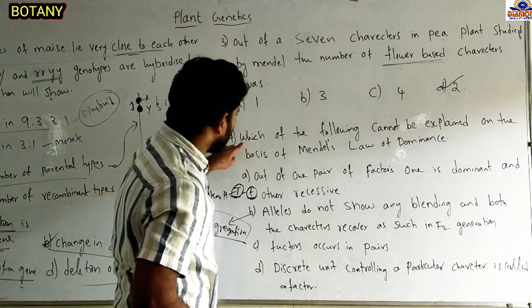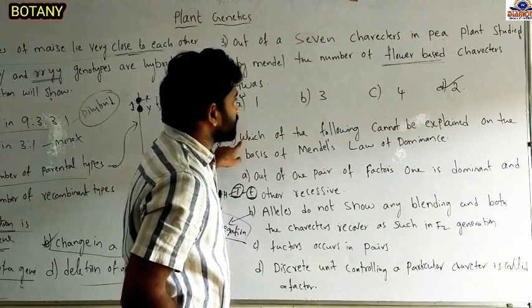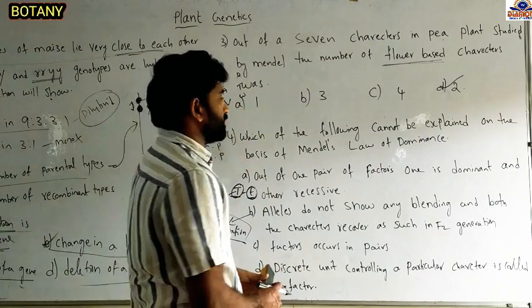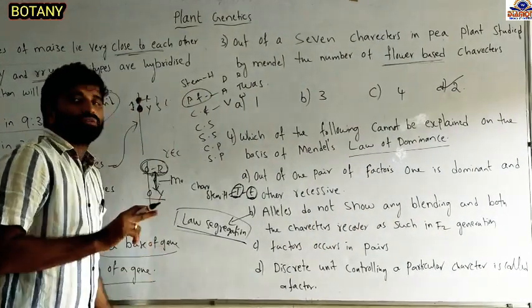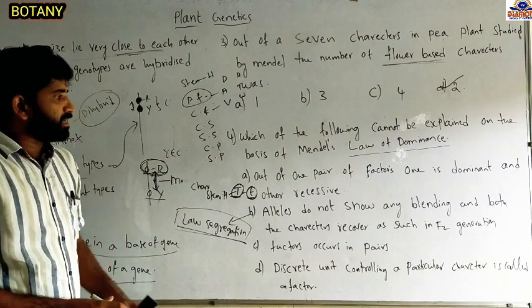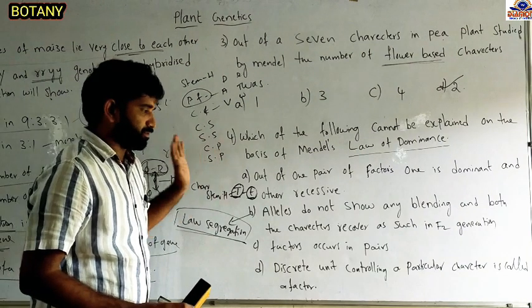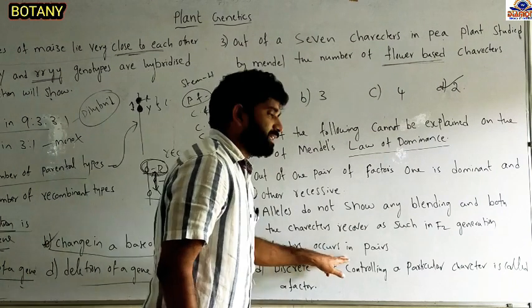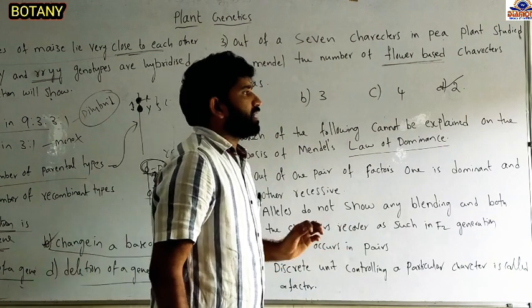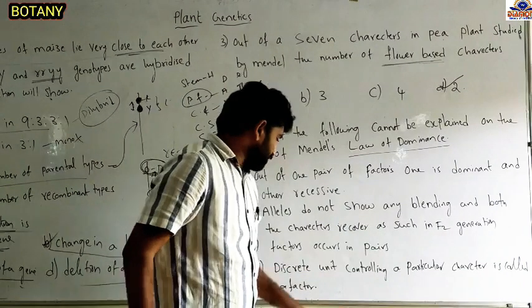But they are asking now which of the characters do not explain the law of dominance. The law of dominance is different, the law of segregation is different, but both were explained by Mendel only. The question is asking about the law of dominance only. And option C, factors occur in pairs. Yes, factors occur in a pair. That is a part of the law of dominance.